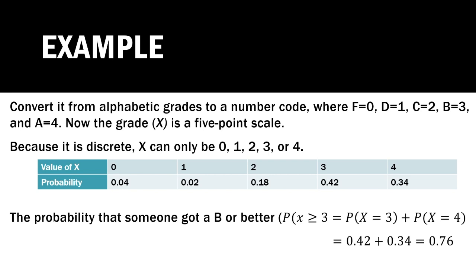So if we want to find the probability that someone got a B or better, or the probability of x is greater than or equal to 3, all we have to do is add up the probability of x equals 3 and the probability that x equals 4. Or in this case, 0.42 plus 0.34. With that, we get 0.76, or there's a 76% likelihood that someone got a B or better in the class.